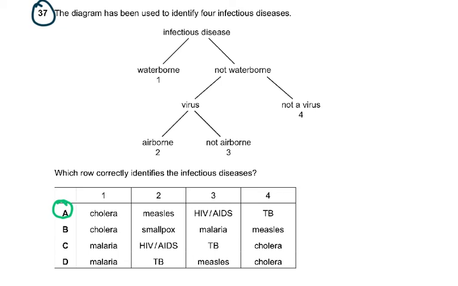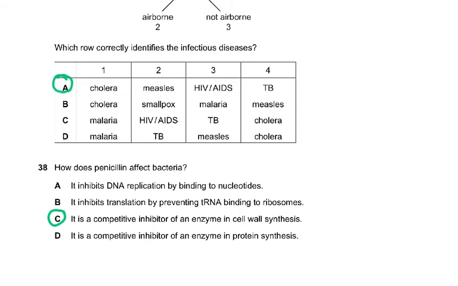So 1 waterborne is cholera, 2 measles is airborne, 3 HIV/AIDS is not airborne, and 4 TB is not a virus. It is a bacteria which causes tuberculosis. So this is how we had to do question number 37.